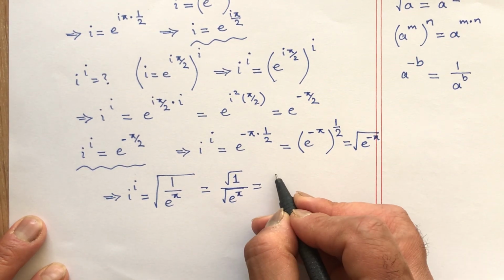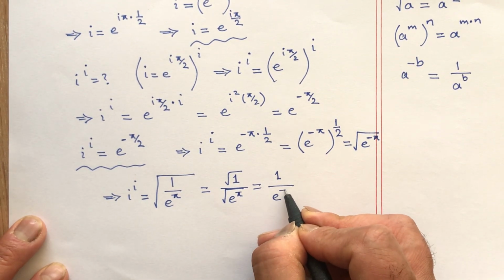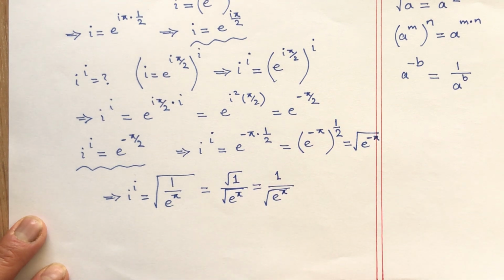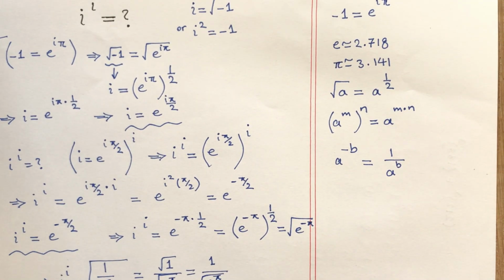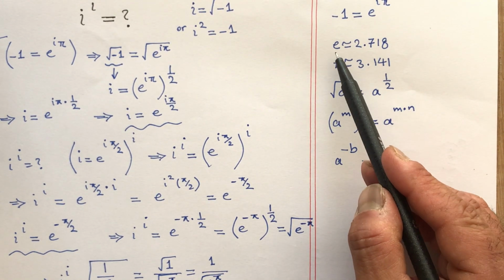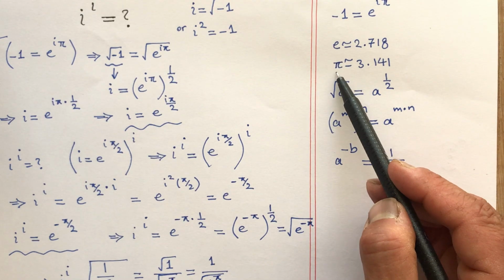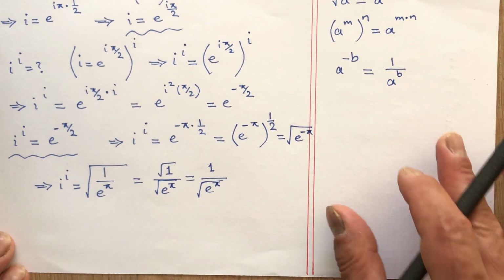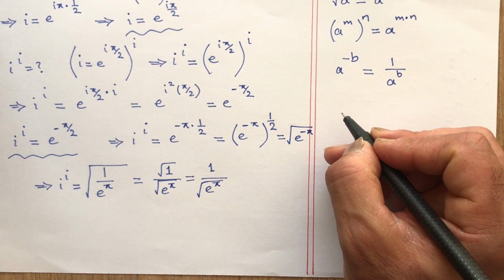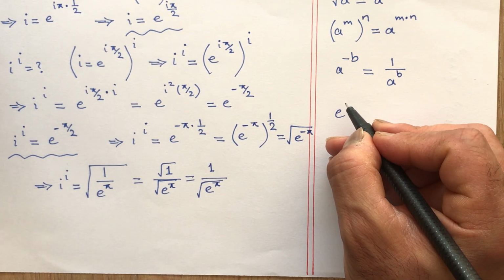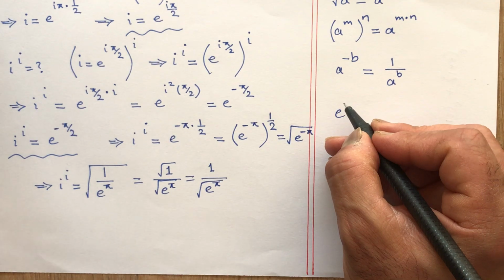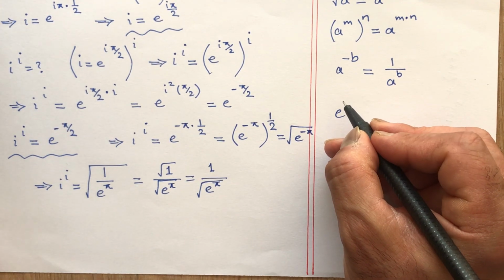The square root of 1 is 1, so it is 1 over the square root of e to the power of pi. But we have the approximate numbers of the Euler constant and pi. We need to use a calculator here; there's no point in finding it mentally. We just found the expression for i to the power of i.